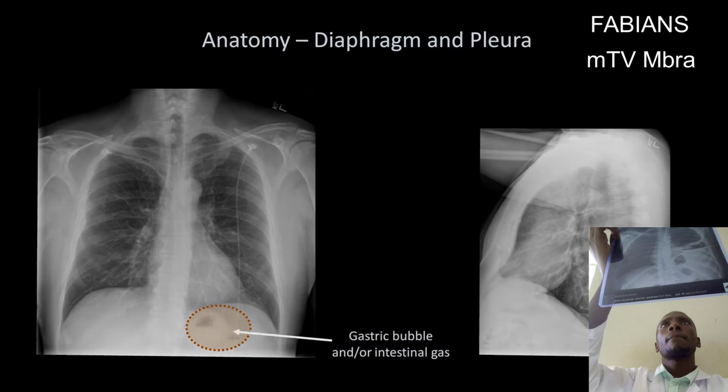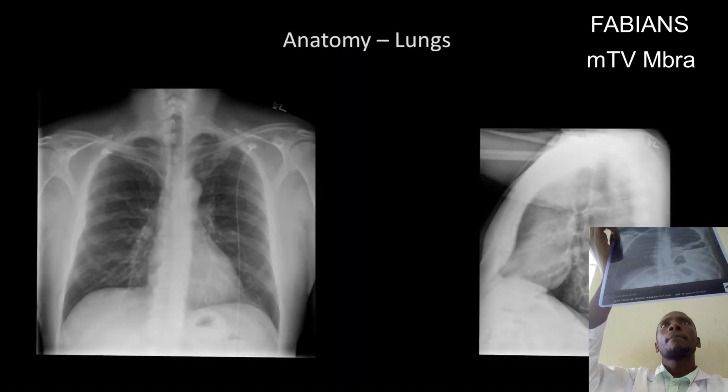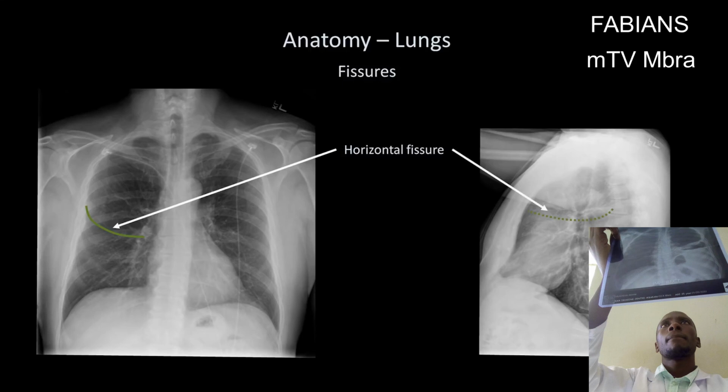We have other features in the lobes of the lungs, for example the horizontal fissure, one of the three fissures commonly visible in the normal chest X-ray, and it is always visible in the PA view.